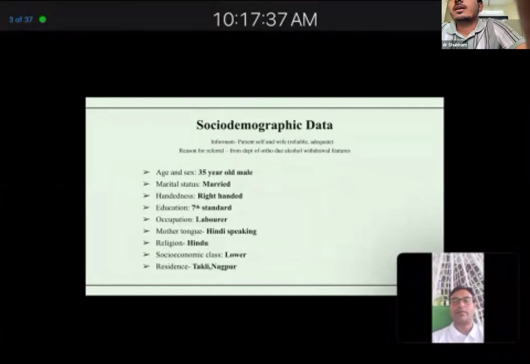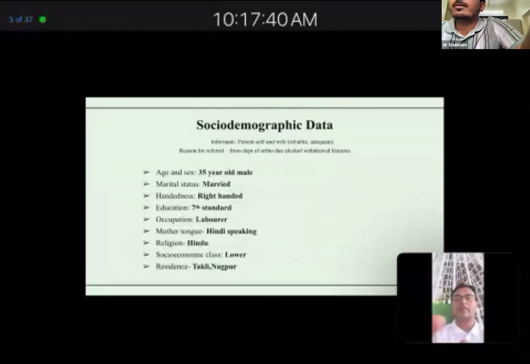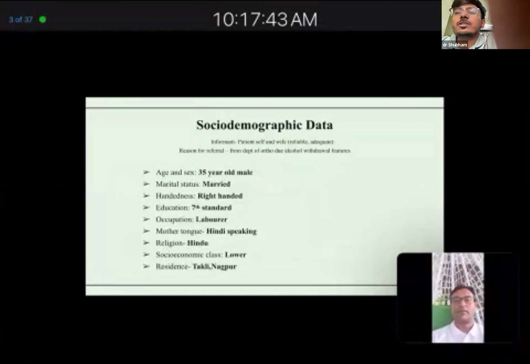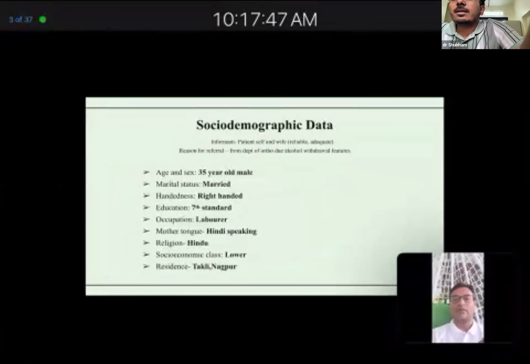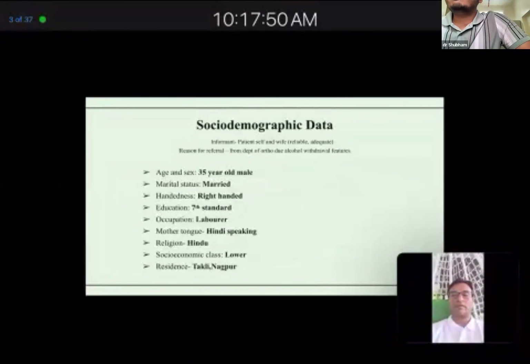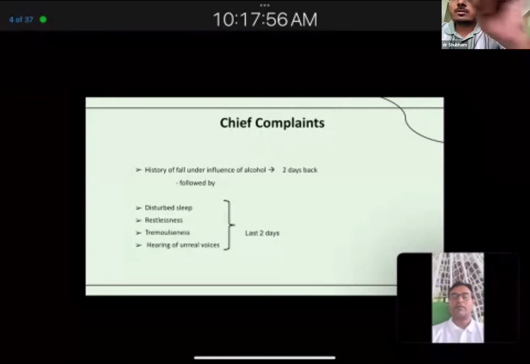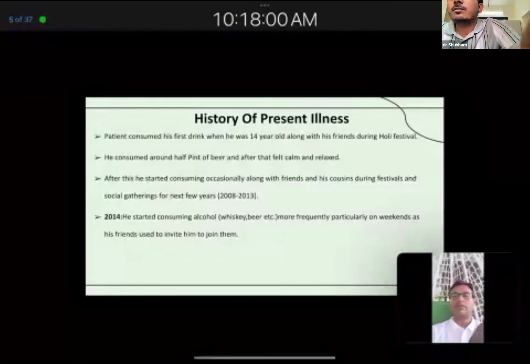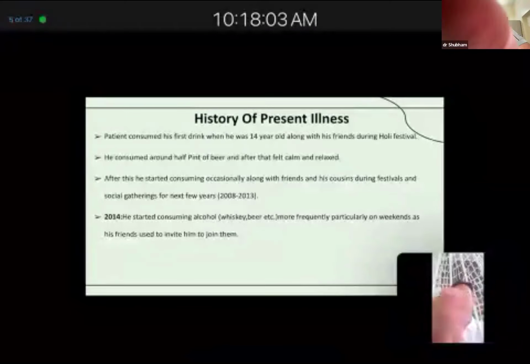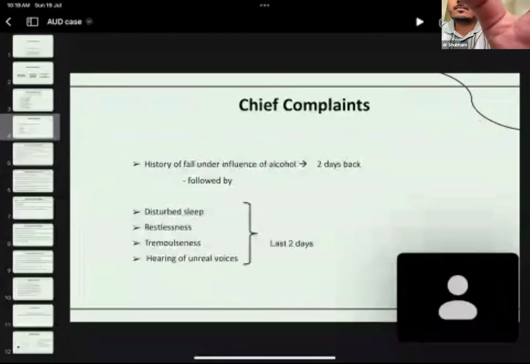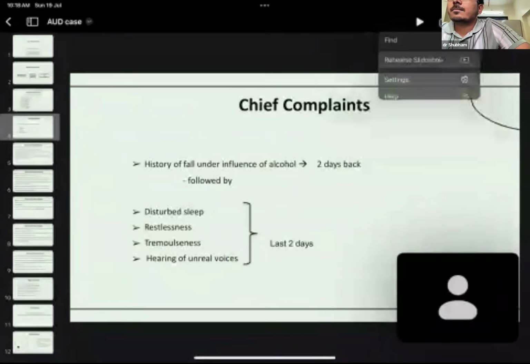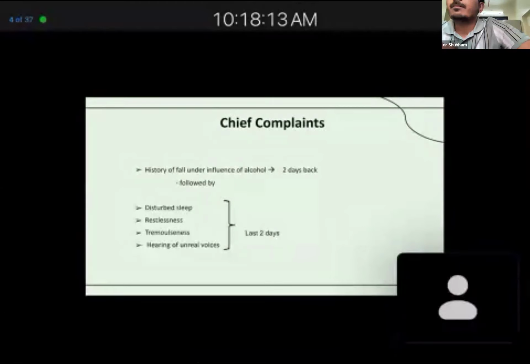My patient ABC, a 35-year-old male who is married, right-handed, educated till 7th standard, a laborer, Hindi speaking, Hindu by religion and belonging to lower socioeconomic status, resident of Takri, Nagpur, presented with chief complaints of history of fall under the influence of alcohol 2 days back, followed by disturbed sleep, restlessness, tremulousness, and hearing of unreal voices since last 2 days.